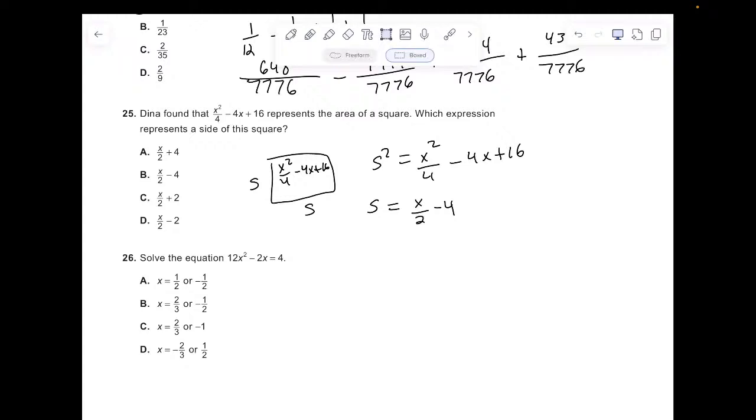Or I guess technically if you're doing square roots, it's going to be plus or minus. Is that an answer? It is. Is there a negative? There is no negative. Perfect.